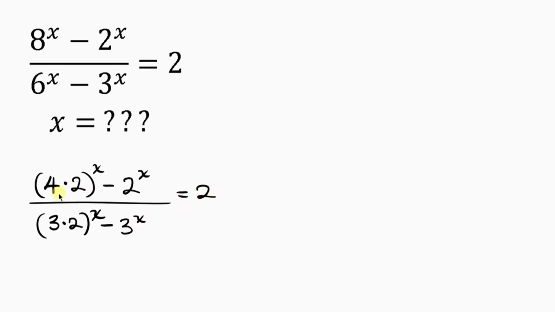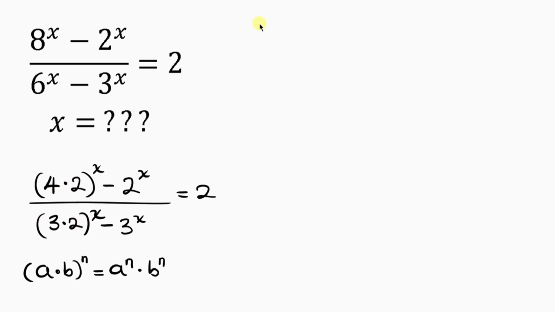Now we're going to be applying the law of indices here, which says that when I have a multiplied by b and this is raised to a power, let's say n, the power affects the a and the b, that means it is a^n times b^n. So let's apply that to what we have here in the numerator and the denominator.